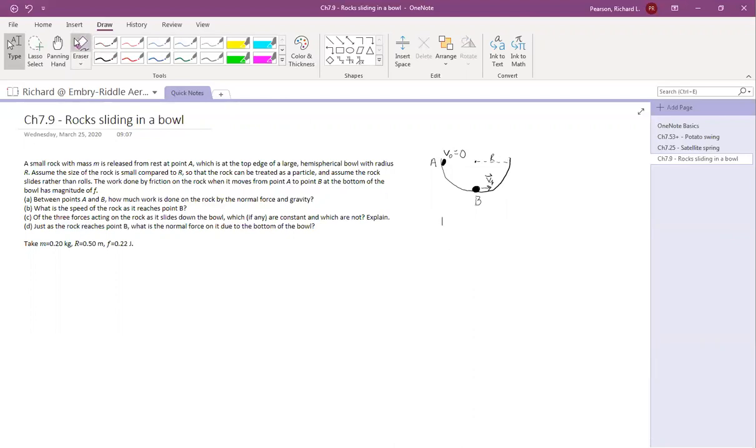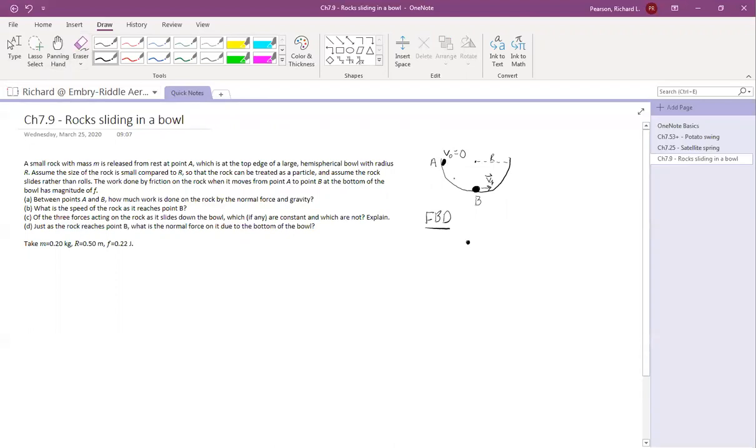We're going to do a free body diagram of this rock between points A and B. So here's our free body diagram.